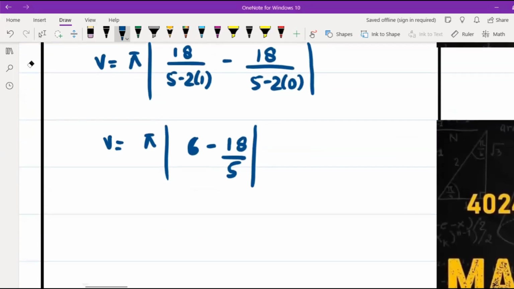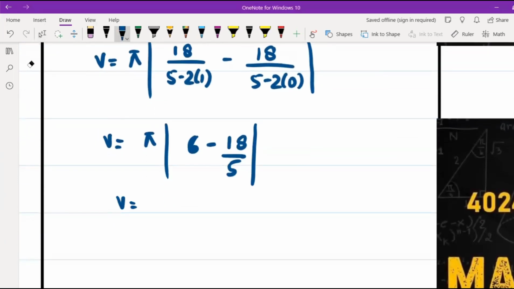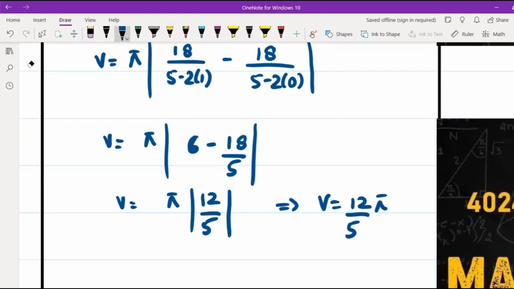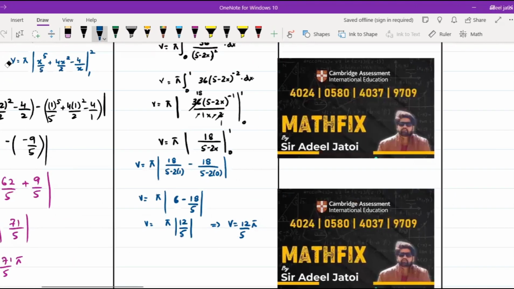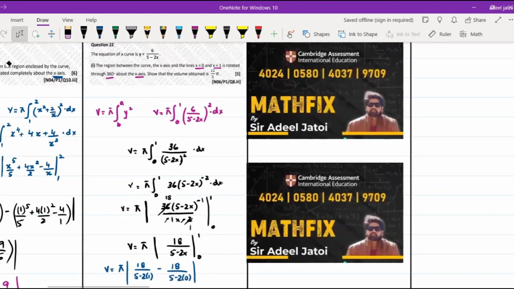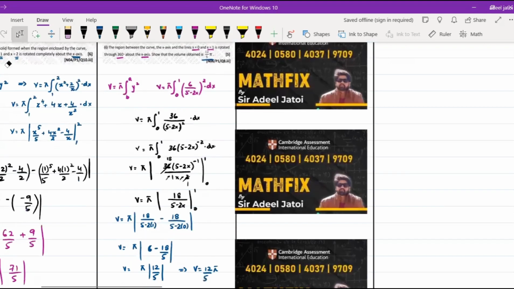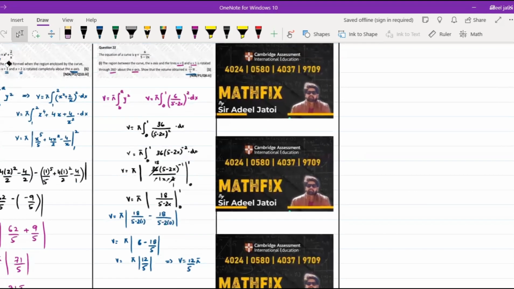So 6 minus 18 upon 5 becomes 30 minus 18 over 5, so we have 12 upon 5. In the question we were told to prove that the volume is 12 upon 5 pi, so since we got 12 upon 5, we have proved it. Remember this, when the question clearly says give your answer in pi, you do not need to solve pi. This question was from November 2006, paper 1, question 8, question number 22 from the book.